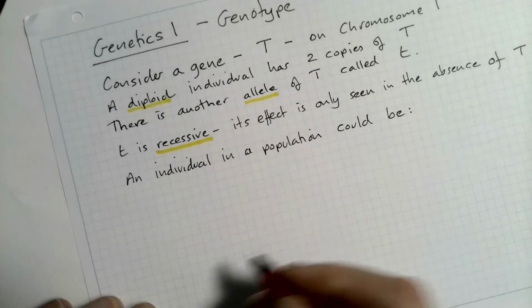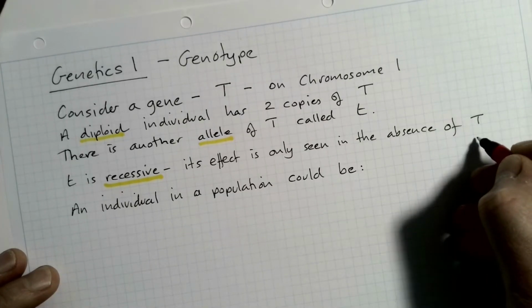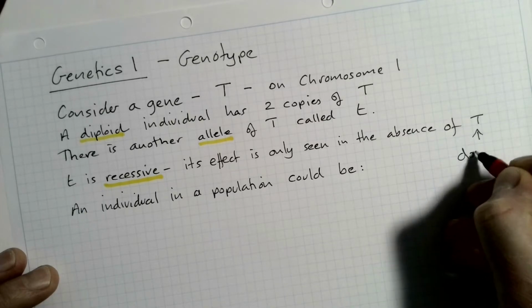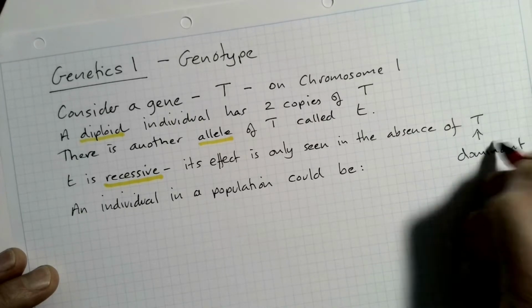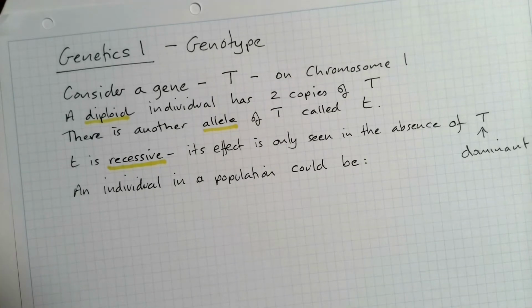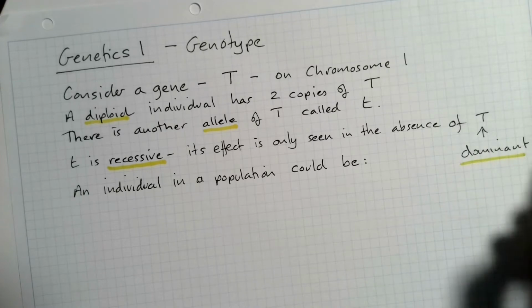Big T is what we call dominant. It always expresses as long as it is present. Little t is recessive. So we need to remember the term dominant as well.